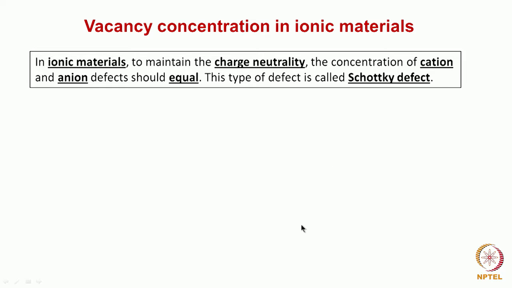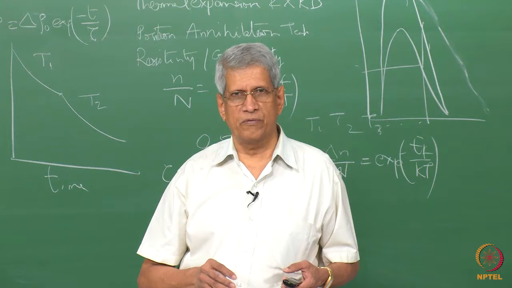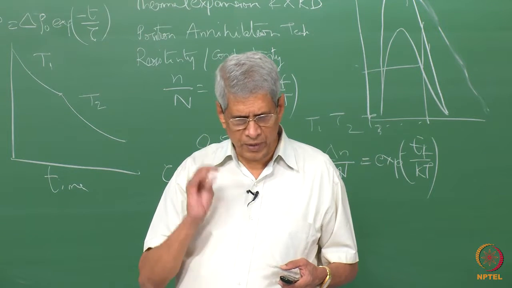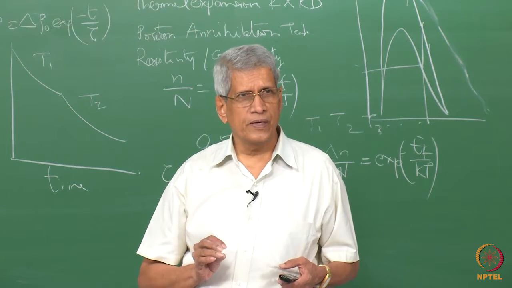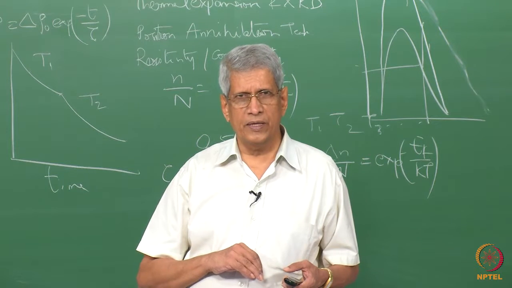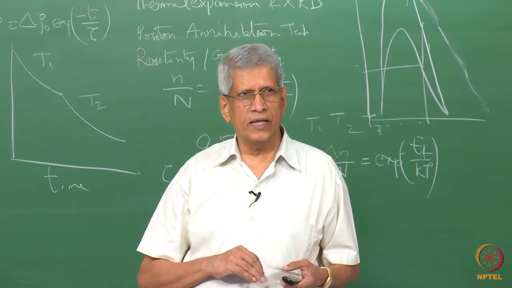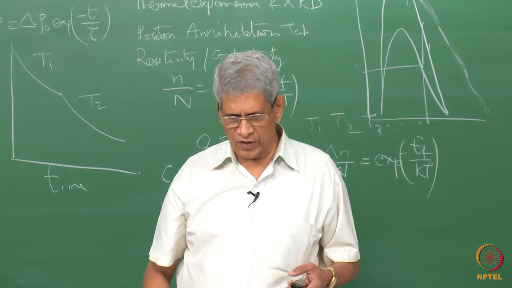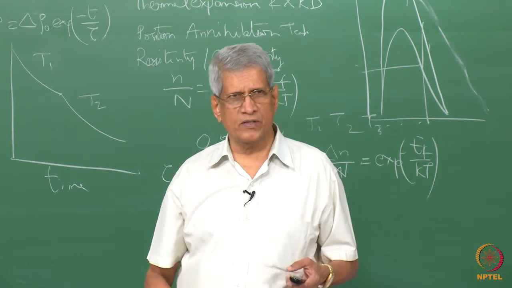And that is what is going to control the concentration. Another important fact to consider in ionic materials is that we have to maintain charge neutrality always. If a cation vacancy is there at some value, then the anion vacancy also has to be of the same value. This is what we call a Schottky defect, correct.